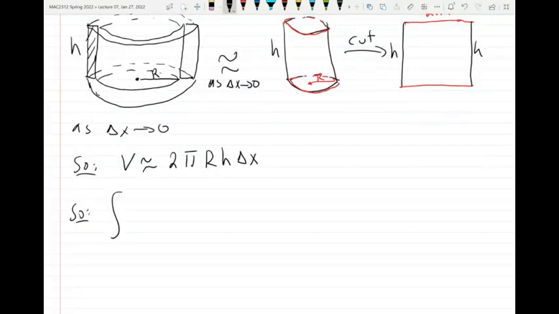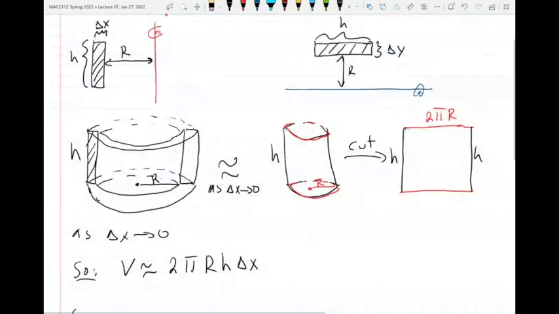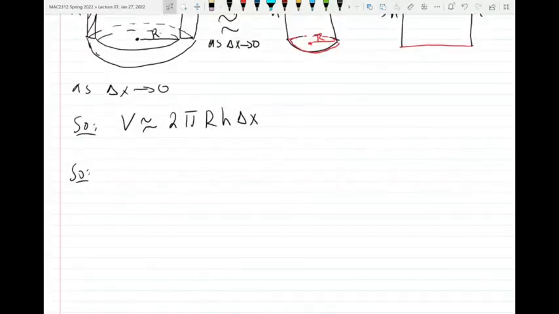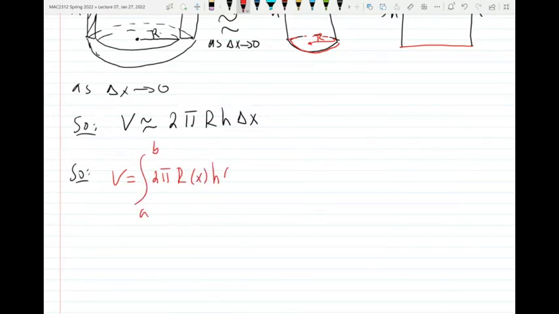So how do you calculate? So in the vertical case, the formula is, this is not a good time to lose battery. So the formula is from a to b, 2 pi r of x times h of x dx.